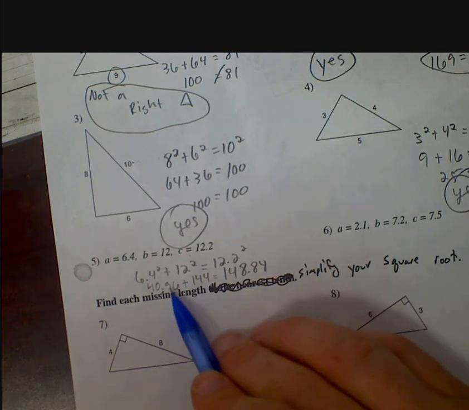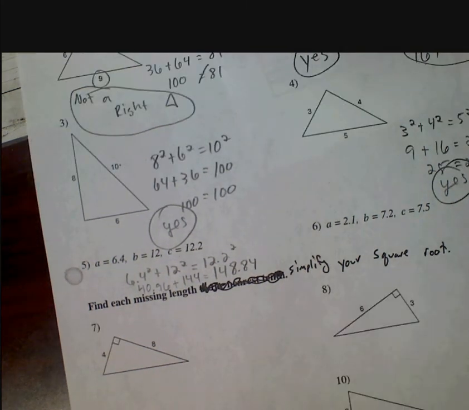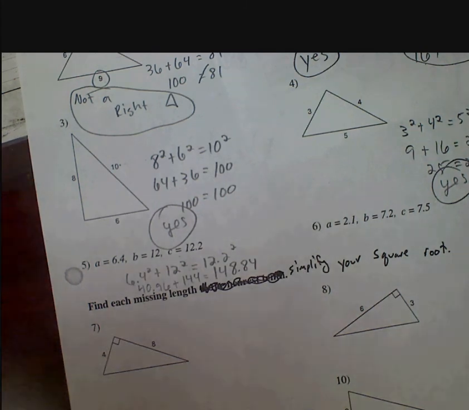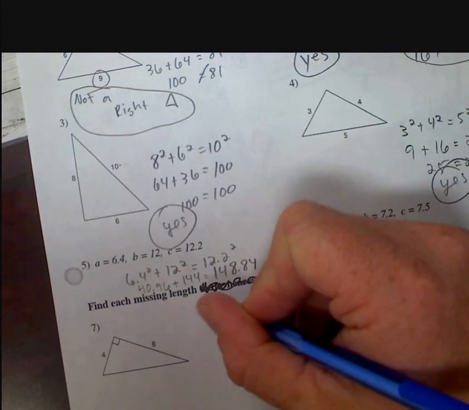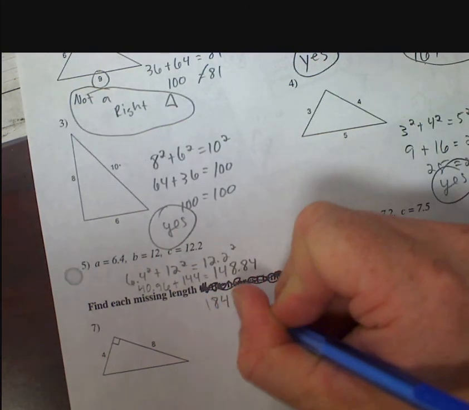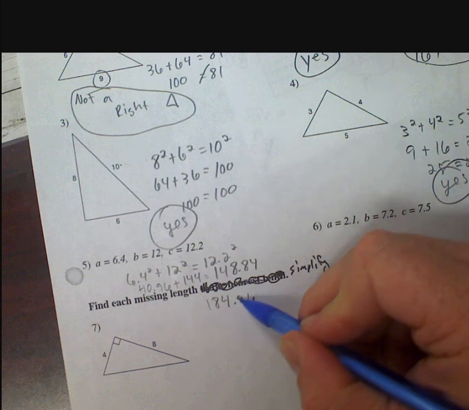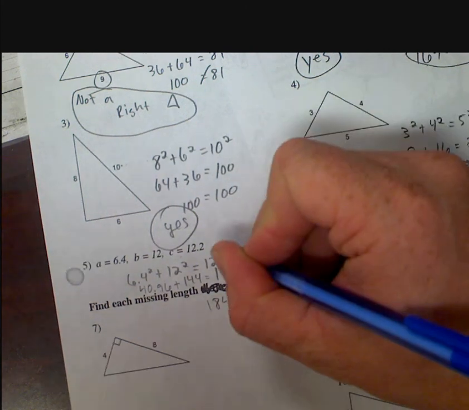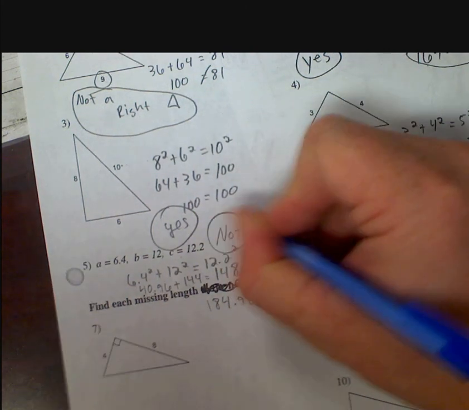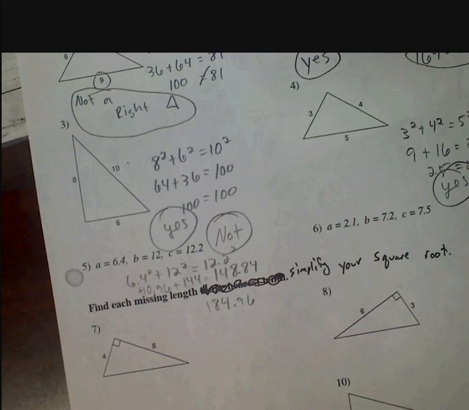If I combine these two, I have 144 plus 40.96. I have 184.96. These do not match, so this is not a right triangle. So this is no, not.